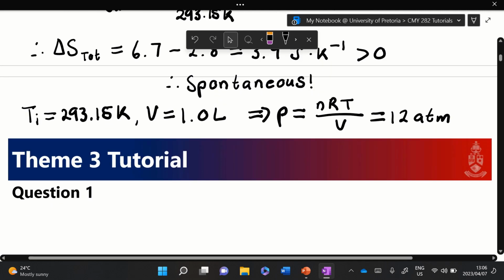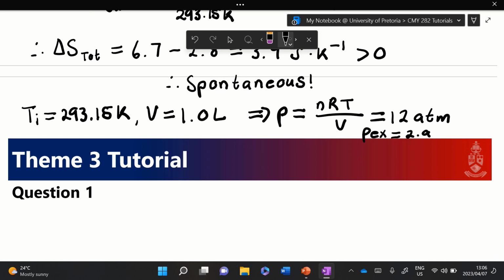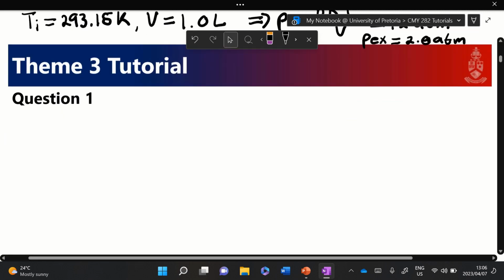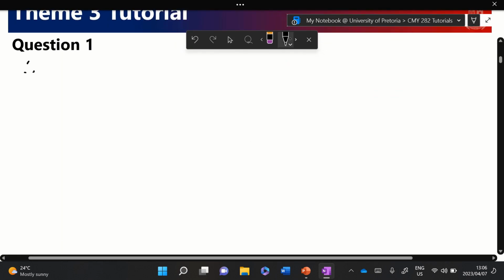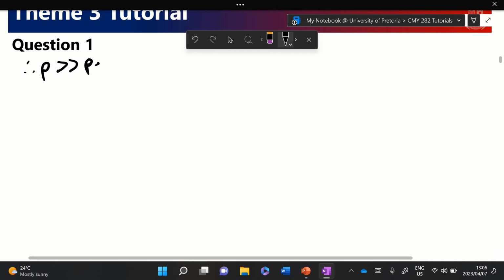And if we think that P external is equal to 2.0 atmosphere, that means that our P is much larger than our P external. Therefore, it makes sense that it will be spontaneous.